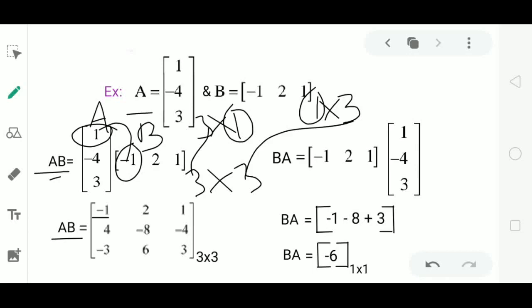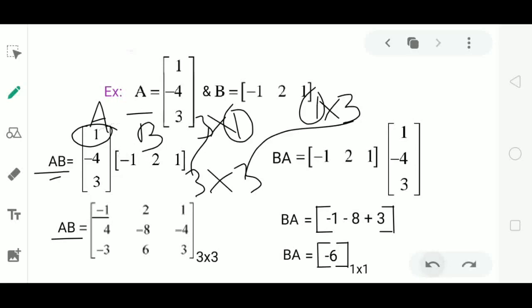Here, first row of A has only one element and also first column of B has one element. As we do not have other elements in the row of A and column of B, to multiply those elements and add that product to this minus 1. So, minus 1 itself is the first element of AB here.